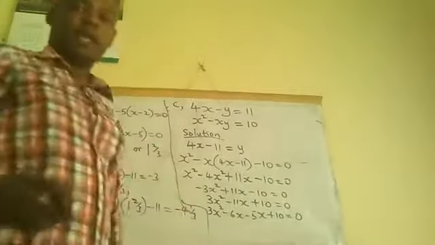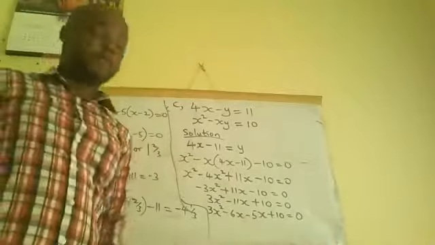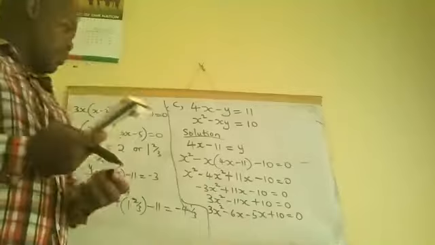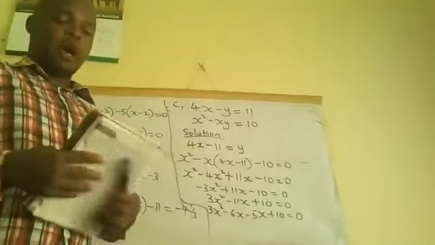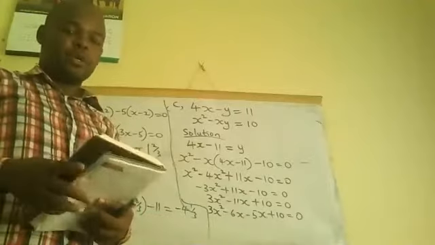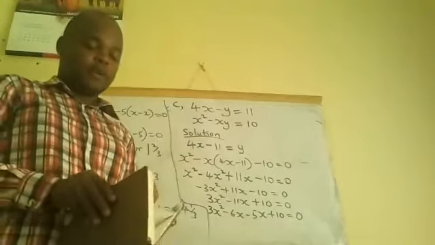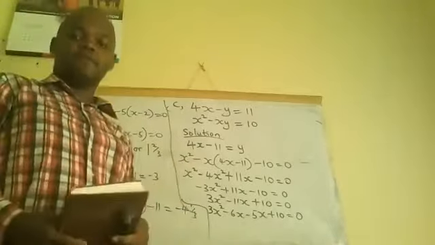And then now you'll say that x is 2, y is equal to negative 3, or x is 1 and 2 over 3, y is equal to negative 4 1/3. So that is how you present your answer. So you can always practice on the same, because practice makes perfect.